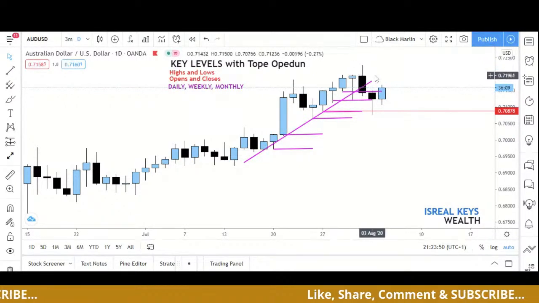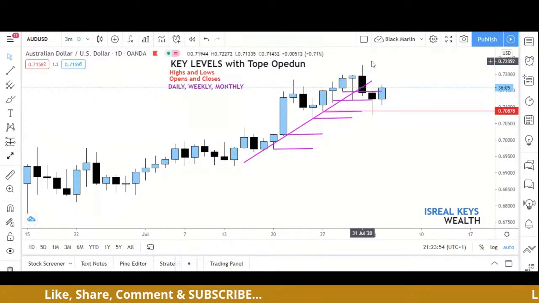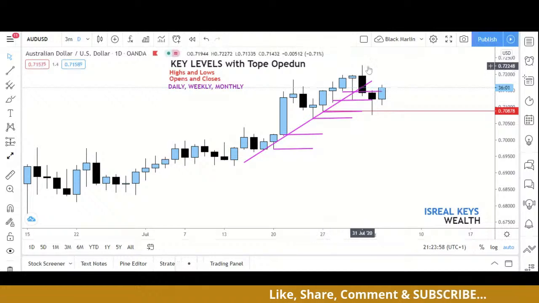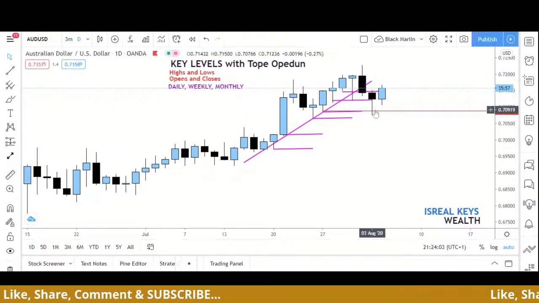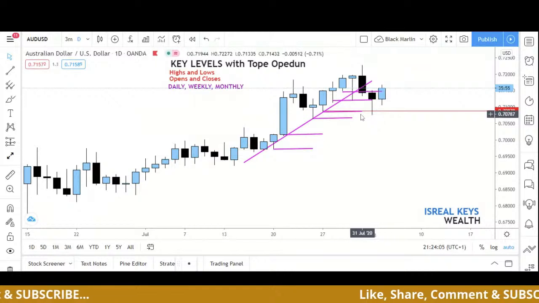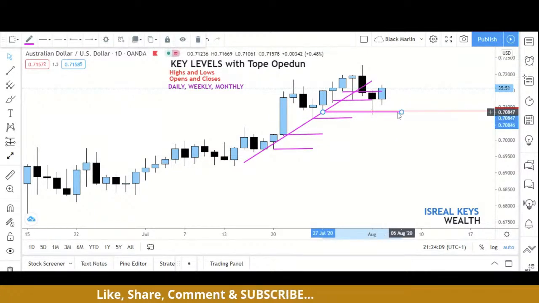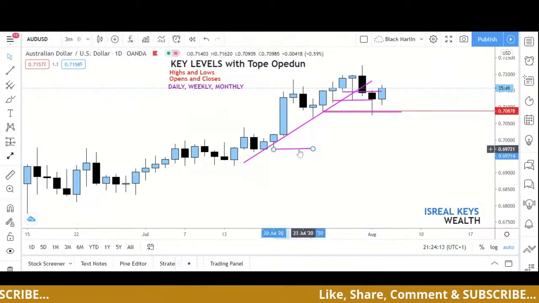So that was another good reason to go down, because there were some stops at the top that got taken out, and some breakout traders that triggered their trades in. But then, as you see price dropping down, where did it reverse? It reversed at this particular low there. So let's delete every other one there so we don't confuse you.